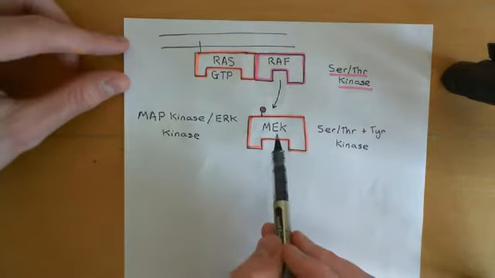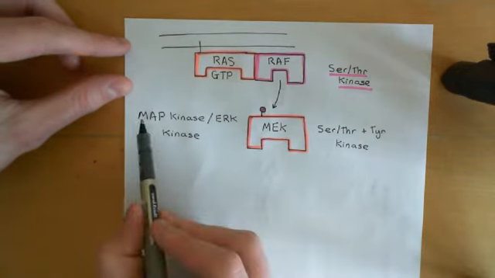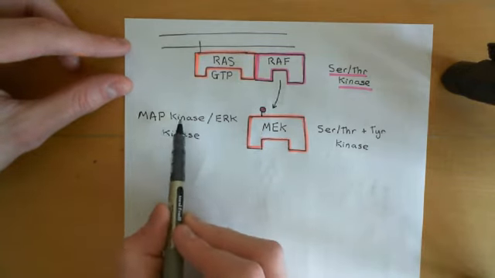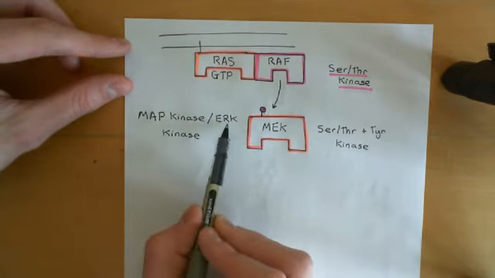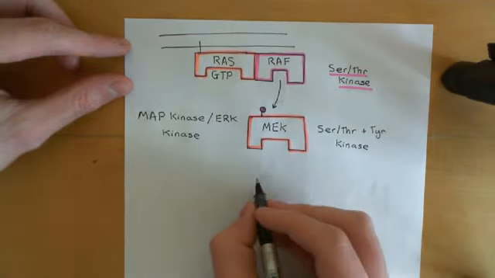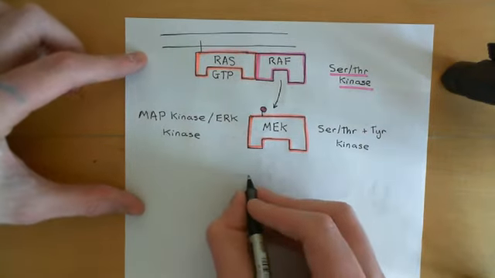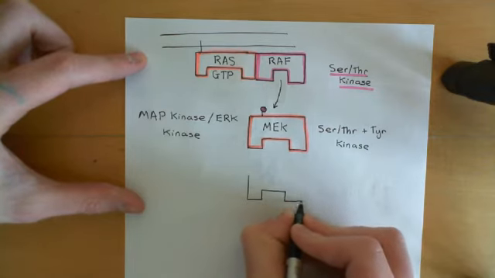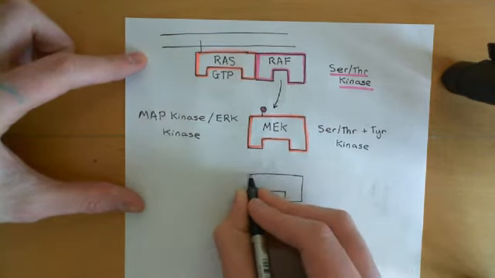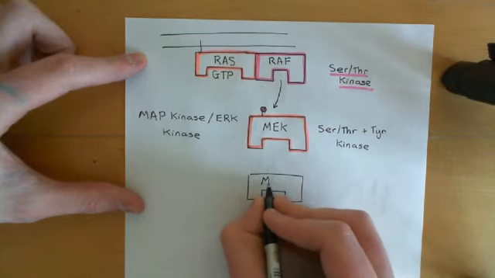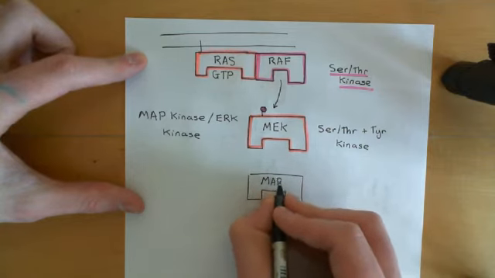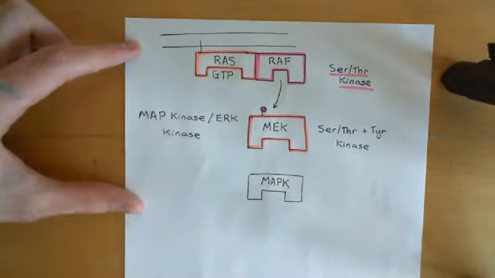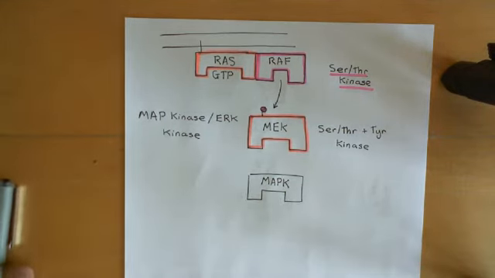Basically, this is capable of phosphorylating another enzyme which has two names, MAP kinase, and its other name is ERK. So let's see this next kinase along here. This next kinase has these two different names. You can either call it the ERK enzyme, or slightly more commonly now, it's called MAP kinase, MAPK for short.